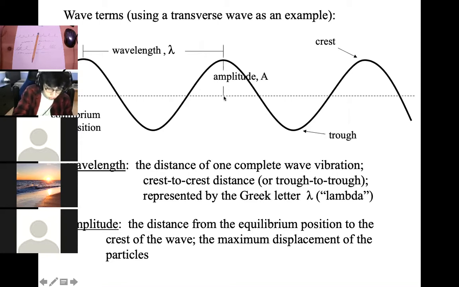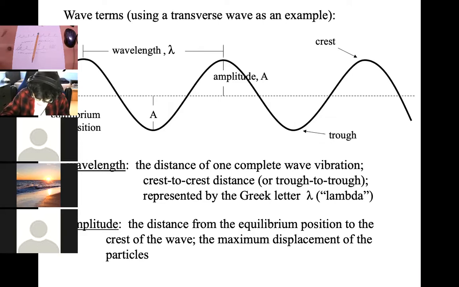It is the distance from the equilibrium position to the crest, or the distance from the equilibrium position to a trough. It is not trough to crest distance. It is from the equilibrium position to the crest. Be careful about that.